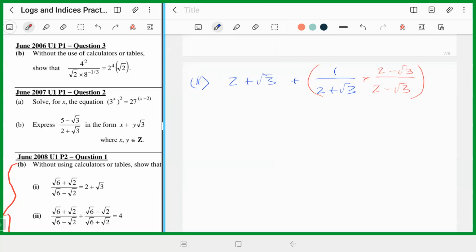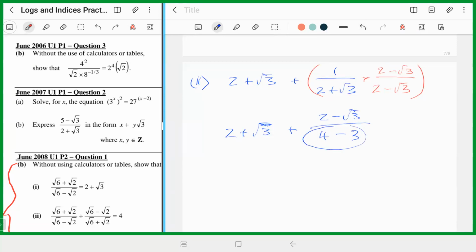This stays as it is: 2 plus root 3, plus. The denominator again is the difference of 2 squares, so I write that first. It becomes 2 squared, which is 4, minus root 3 squared, which is 3. The numerator stays 1 times 2 minus root 3.